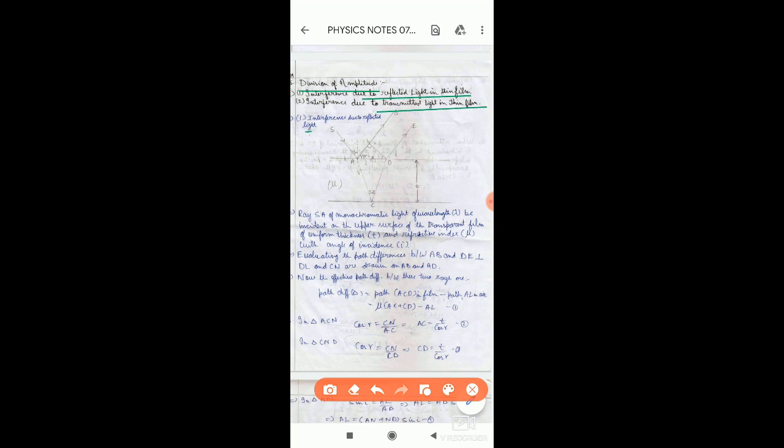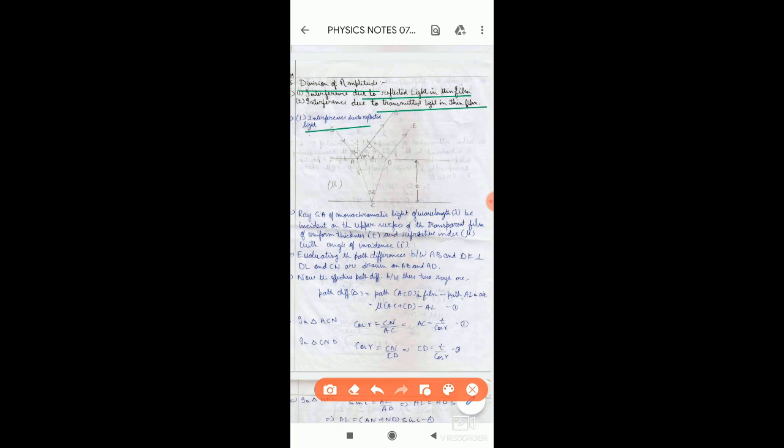Let us consider a thin film of uniform thickness T and refractive index mu, as shown in the figure.